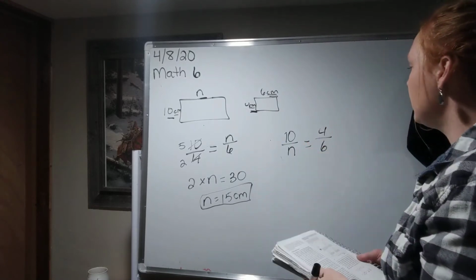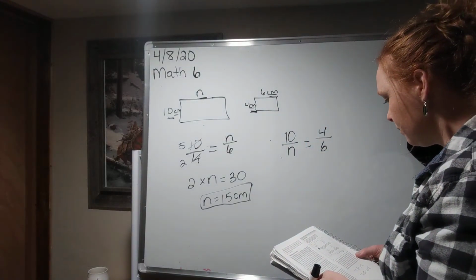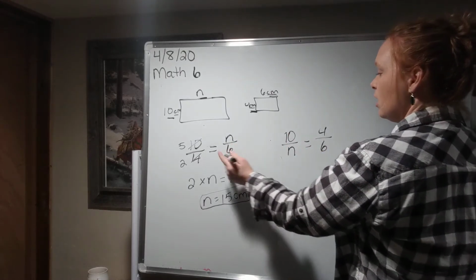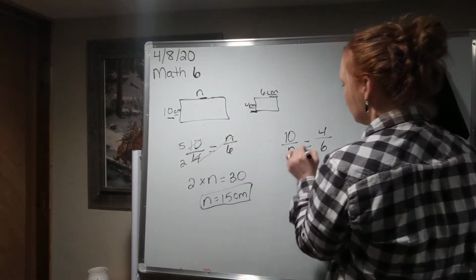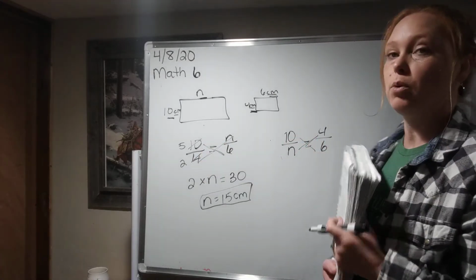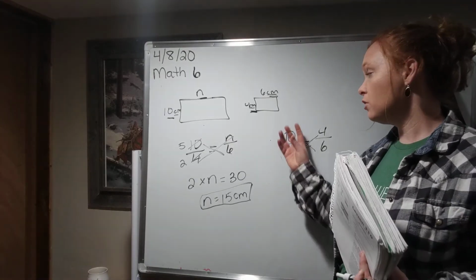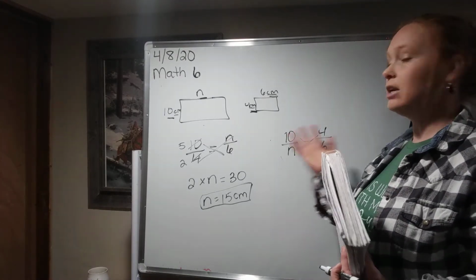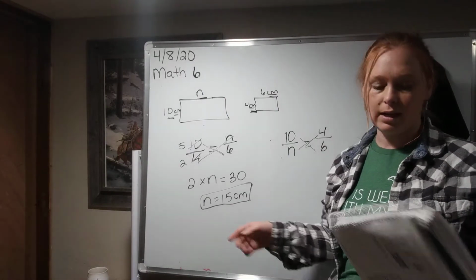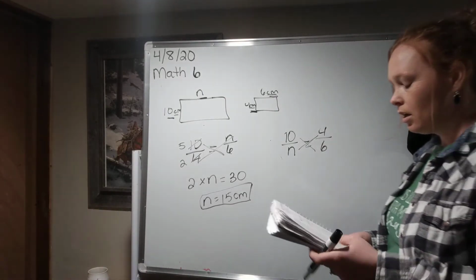And they said 10 over n equals 4 over 6. Okay? That is the same exact problem as this one. Notice that you have 4 and n multiplied together and 10 and 6. As long as you keep your proportions straight, whatever you do for one, you do for the other, and you keep them organized, you're going to end up getting the same problem and therefore getting the same answer.